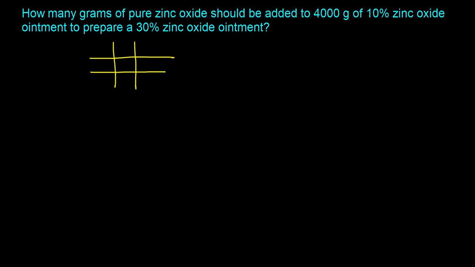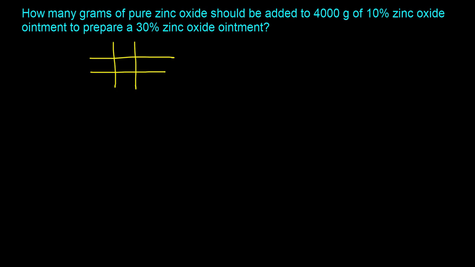So we have a 10% zinc oxide ointment, and we want to increase the concentration to a 30% zinc oxide ointment. And so to do that, it means our third component, which is whatever we are adding to the 10% zinc oxide ointment, should have a concentration which is much more than the 30% which we desire. Otherwise, there's no way you can actually end up with a 30% zinc oxide ointment.